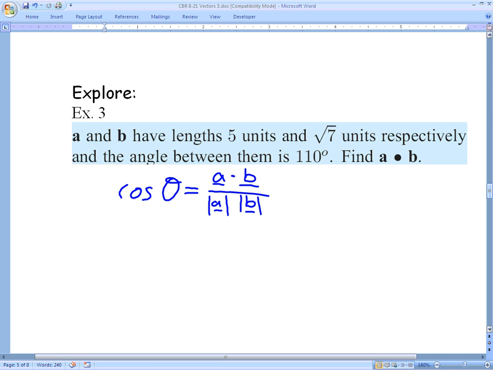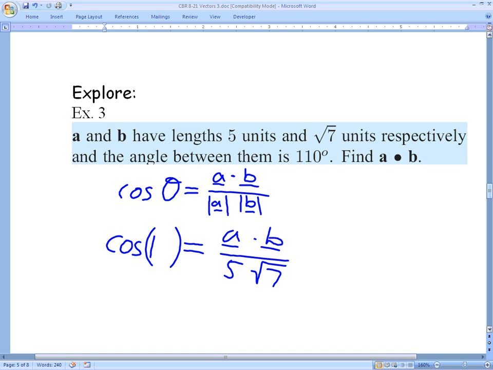So let's start doing some substitutions. We know that the magnitude of A is 5, and we know the magnitude of B is square root 7. And then we've got cosine theta here, but I don't actually know cosine theta, but I do know the actual value of theta.